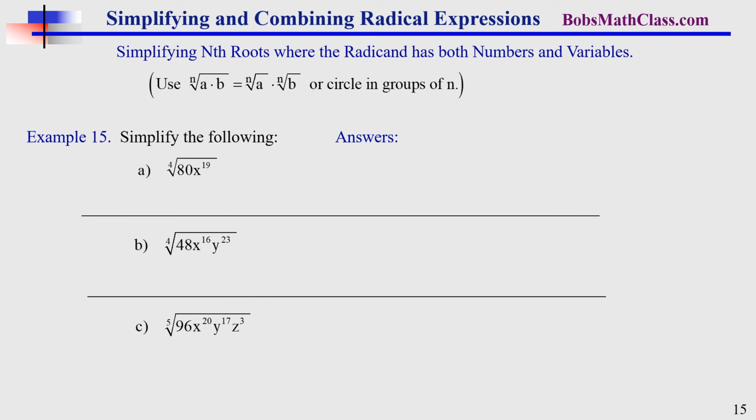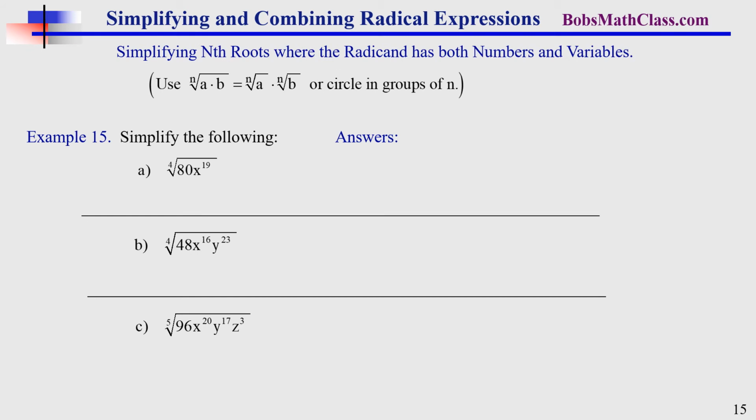So in parts A and B, you could write it as a product where one of the numbers is a perfect fourth root and the other one is not. And in part C, you could write it as a product where one of them is a perfect fifth root. I'm going to use the second method where we find the prime factorization and then we circle in groups of n.